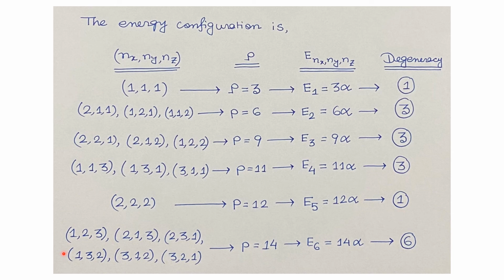The fifth excited state has the possible quantum number sets 1, 2, 3; 2, 1, 3; 2, 3, 1; 1, 3, 2; 3, 1, 2; and 3, 2, 1. All 6 states lie in the fifth excited state, and the P value is 14. The corresponding energy is E6 equals 14 alpha. So the degeneracy in the fifth excited state is 6.